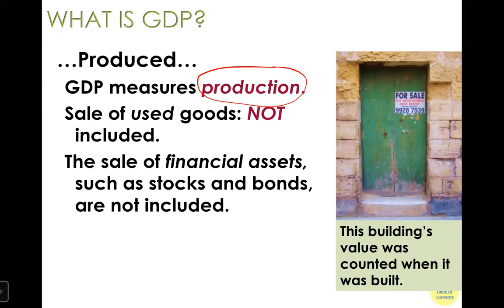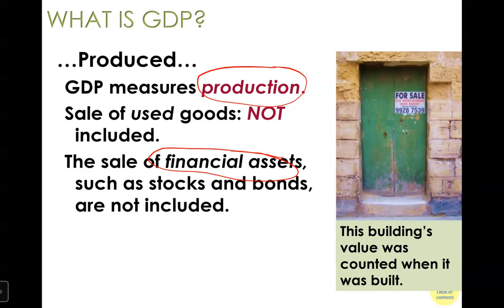Accordingly, sales of financial assets are not included in GDP, because the sale of financial assets only shows you the ownership changing hands. It itself doesn't generate any real goods and services.